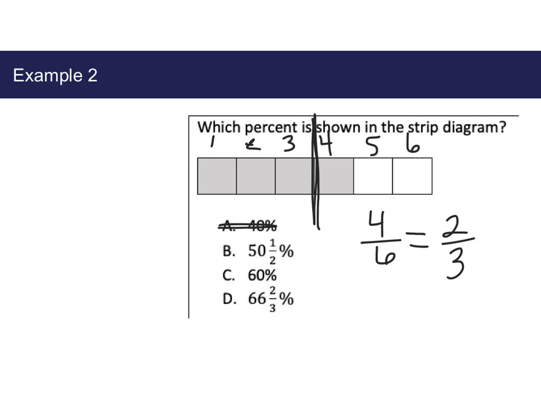Well, this is one of those tricky ones. 2/3 would give me 66 2/3%. You could also see that written as 66.66 repeating percent.